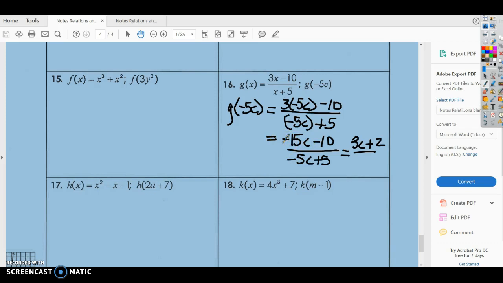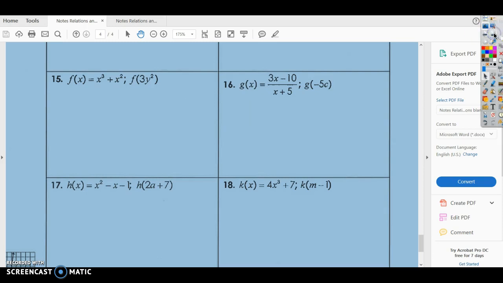Okay, all right, so negative 5c, you can factor out a negative 5 or reduce it by negative 5, you get positive c. And negative 5 into positive 5 is just negative 1. Okay. So that's number 16.